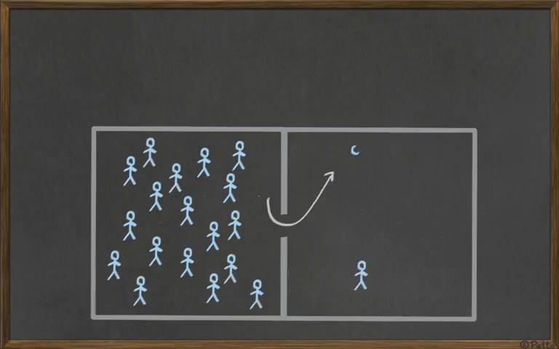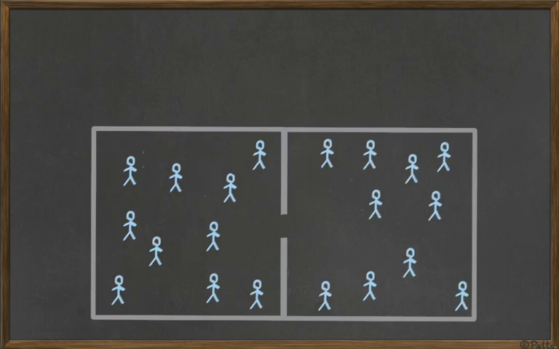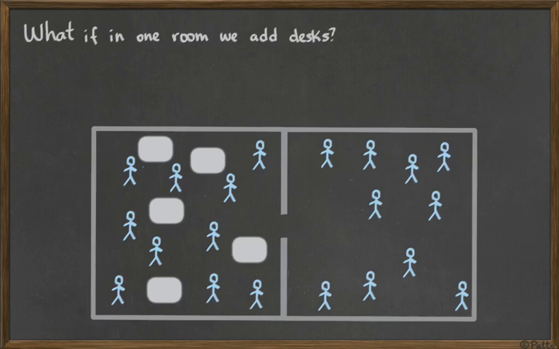So basically, this is what was happening there. Very good, they are balanced. But what happens now if in one of the rooms I put desks, especially desks containing toys? Kids love toys, right? So what will happen here?